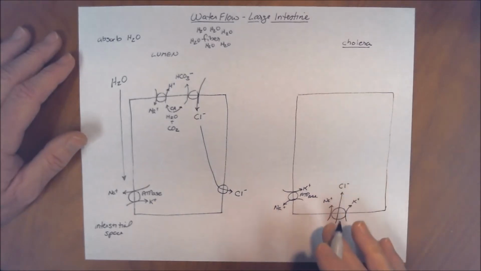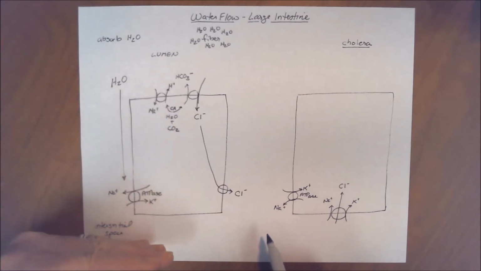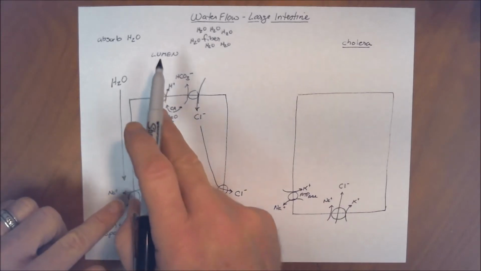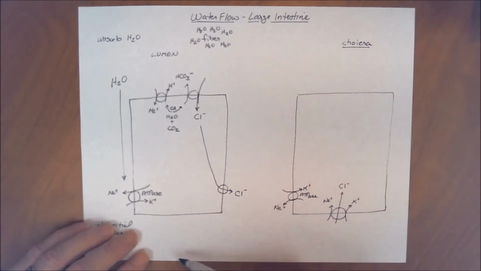Now, under normal circumstances, the flow of ions coming in to the body is going to be the predominant activity. Sodium is being pumped from the lumen into the interstitial space. The chloride is being driven in.